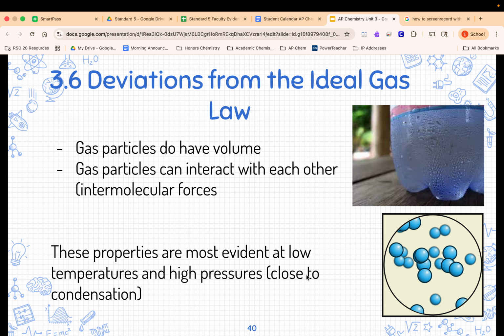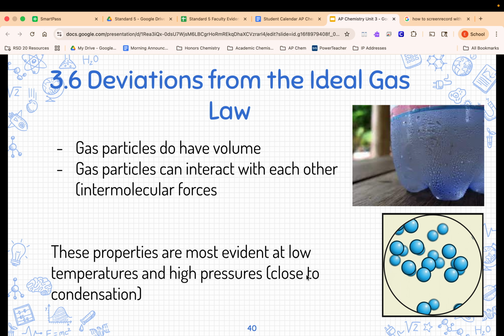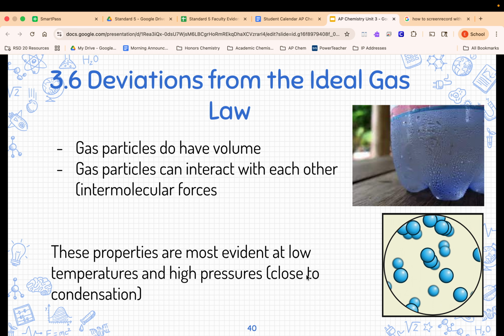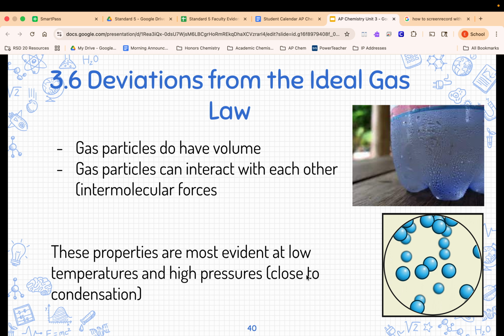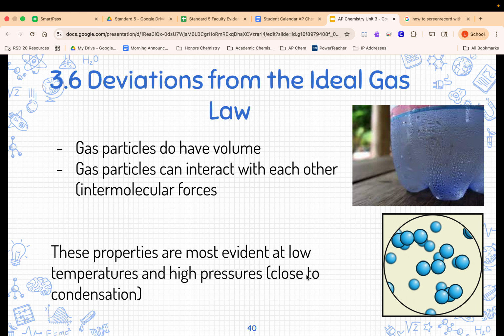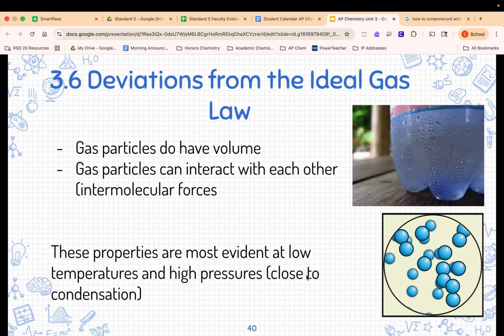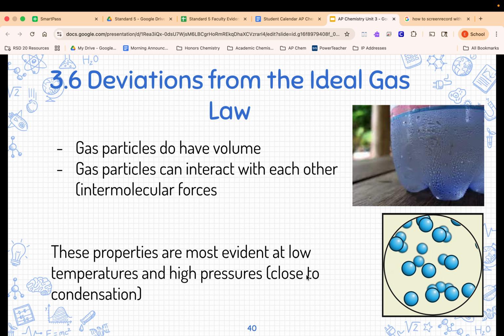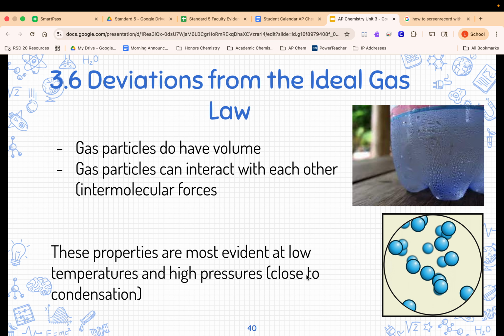And these properties are most evident at low temperatures. If gas particles are moving slowly, their collisions are going to be more eventful and impactful. And at high pressures, which is close to the condensation point, anything that pushes the gas particles closer together is going to increase the effect of gas particle volume and gas particle intermolecular forces.